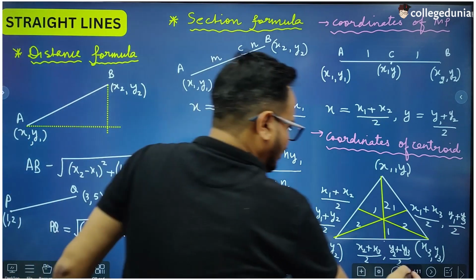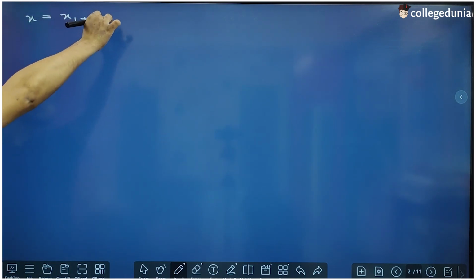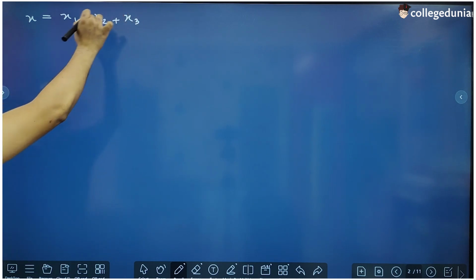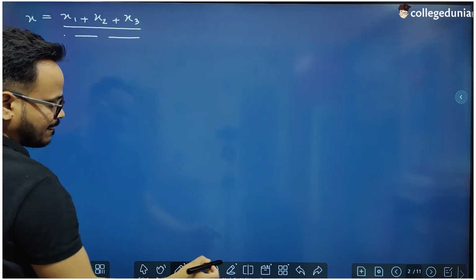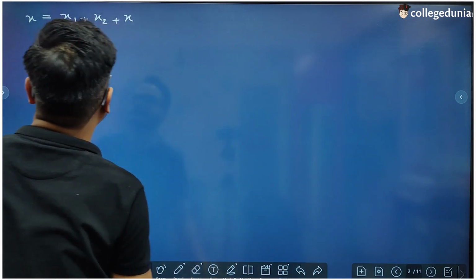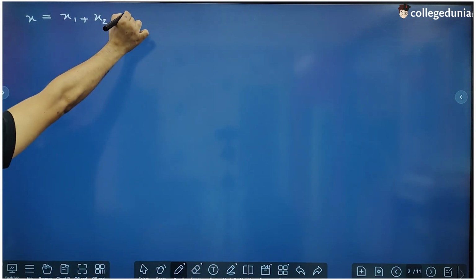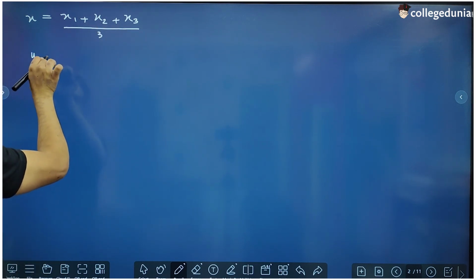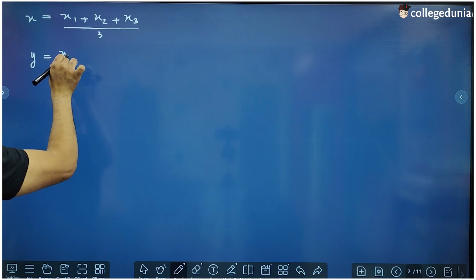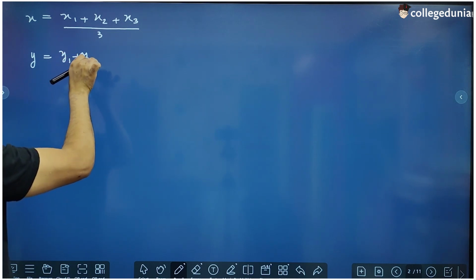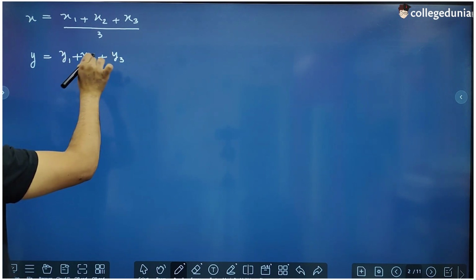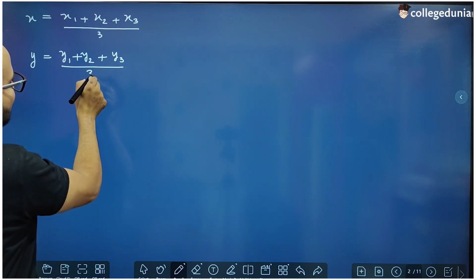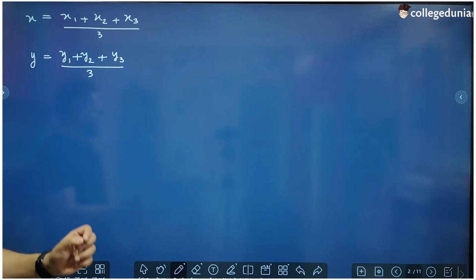The x coordinate of the centroid is x1 plus x2 plus x3 by 3, and the y coordinate of the centroid will be y1 plus y2 plus y3 divided by 3, right?